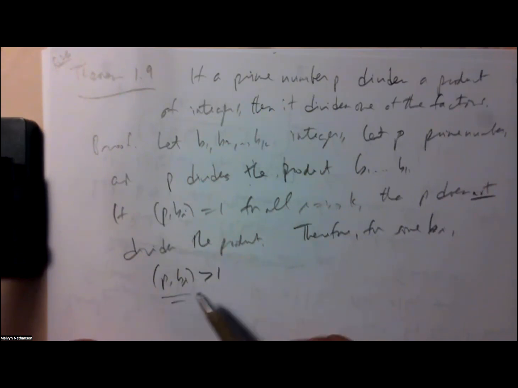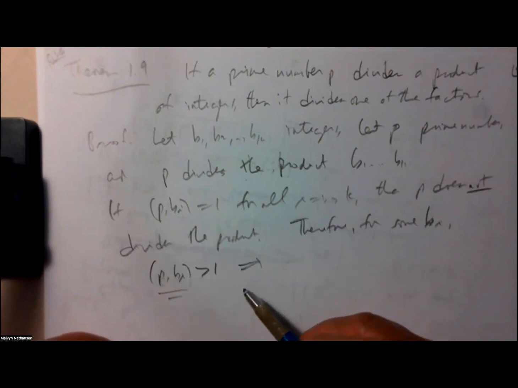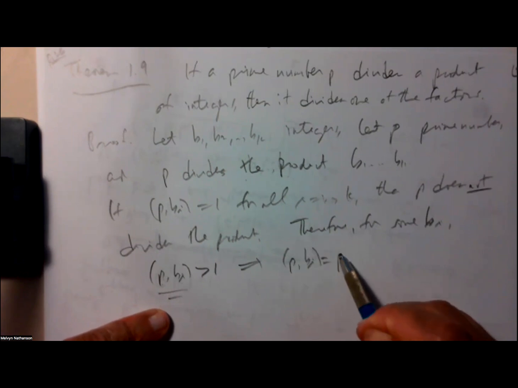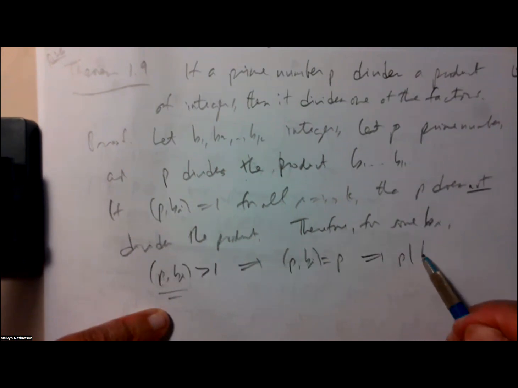But p is a prime. The only divisors of a prime are itself and 1. So if a number divides p and the number is bigger than 1, that means the number must be equal to p. Therefore, the greatest common divisor of p and b sub i must be p, which means p divides b sub i. p divides one of the factors.